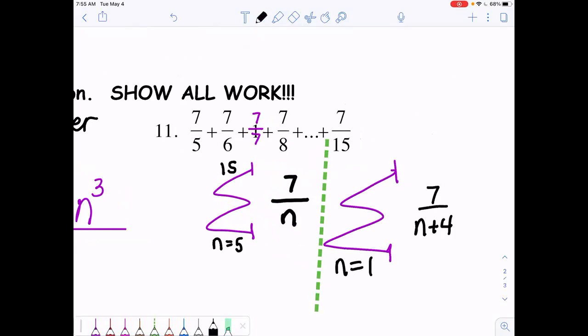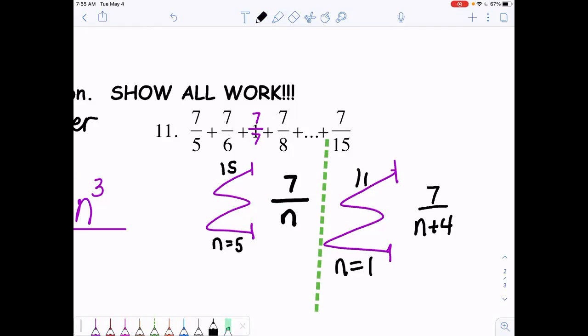So I could then say n equals 1 and start by plugging in a 1 to get to the 5. And then to stop, I would have to stop at the number 11 to get to 15. 11 plus 4 is 15. You can make any equation that you want. Like you could just do n plus 1, and then whatever number plus 1 that makes 5 is where I would start.